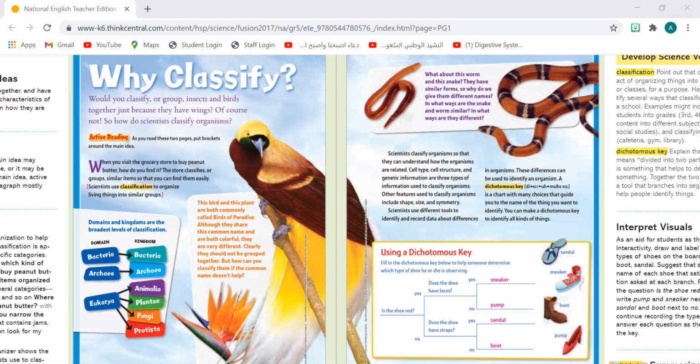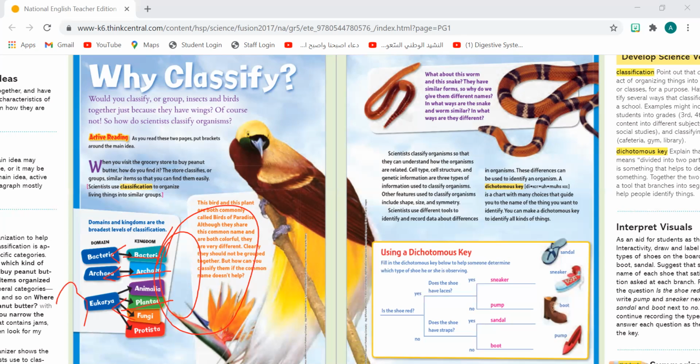What are the 3 main domains? Bacteria, archaea, eukarya. We have 3 main domains.